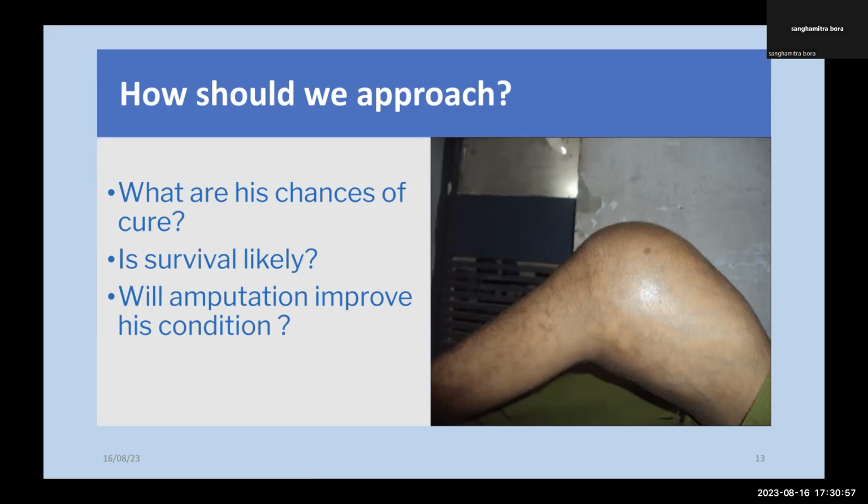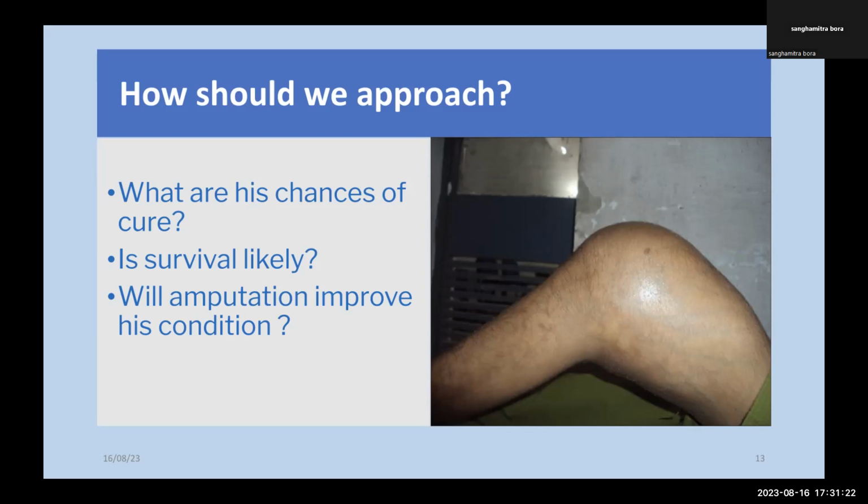Okay. Here, the patient is already having lung metastasis. His lungs are actually going to give way very soon. All right. Even if you do an amputation, even if he survives an amputation, are his lungs going to support him for much longer time? What are you going to do next if that happens?